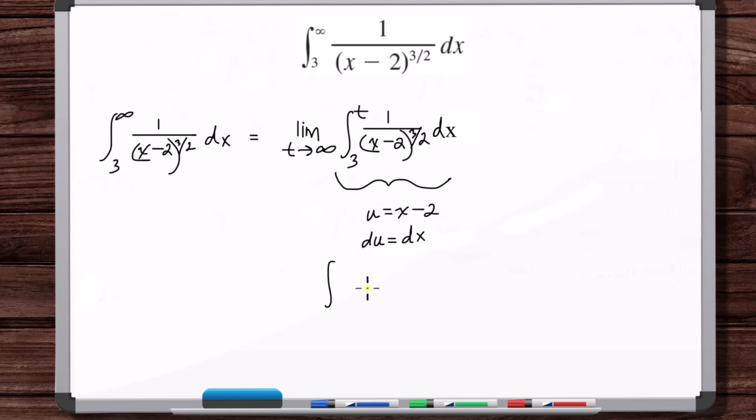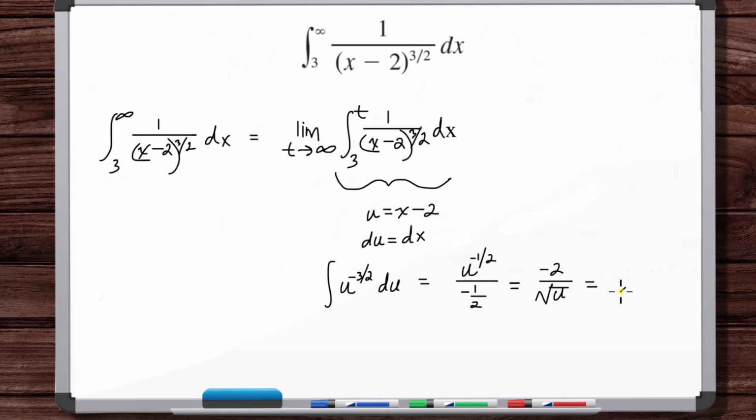So we've got u to the minus 3/2 du. Minus 3/2 plus 1 is minus 1/2, so u to the minus 1/2 over minus 1/2 equals minus 2 over root u.